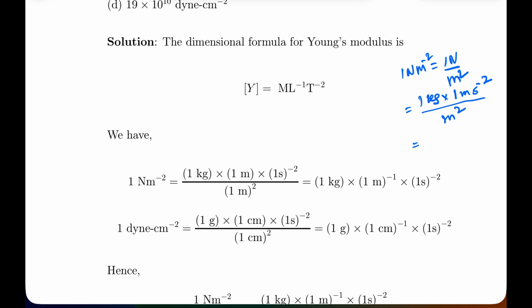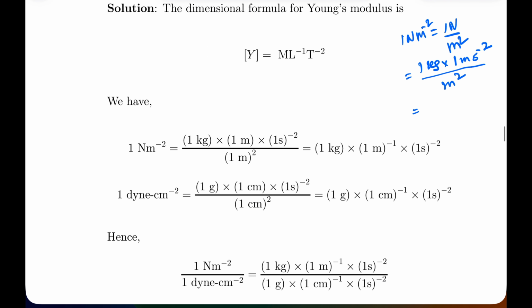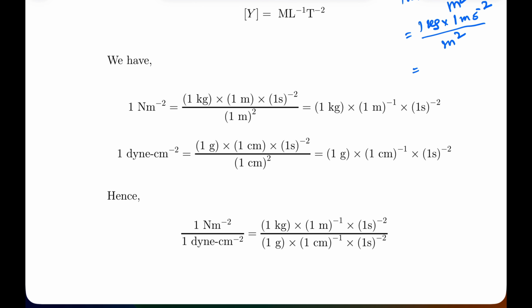Dyne is the unit of force in CGS. So this is 1 gram into 1 centimeter into 1 second to the power minus 2 upon 1 centimeter whole square. So this is equal to 1 gram into 1 centimeter to the power minus 1 into 1 second to the power minus 2. Okay. So divide one by the other. So 1 Newton per meter square upon 1 dyne per centimeter square is, divide this by this here.